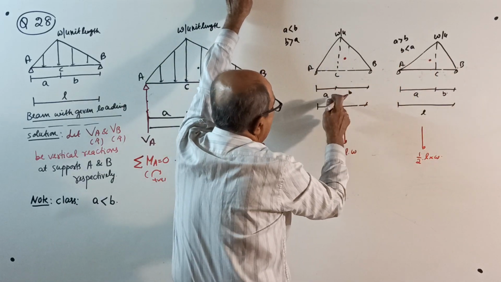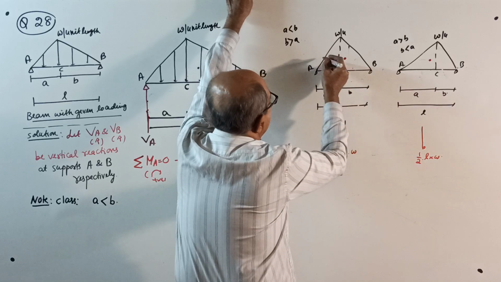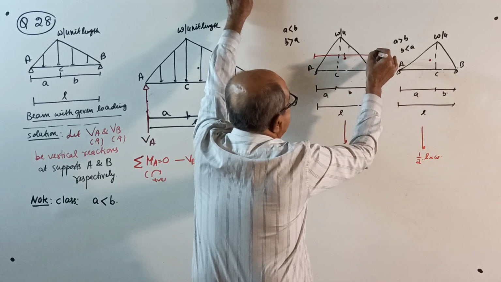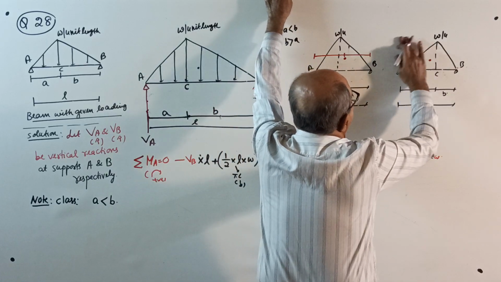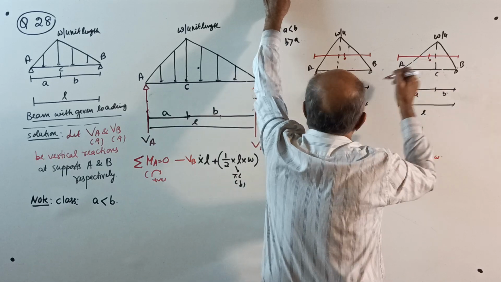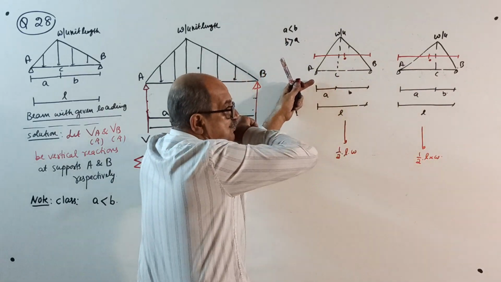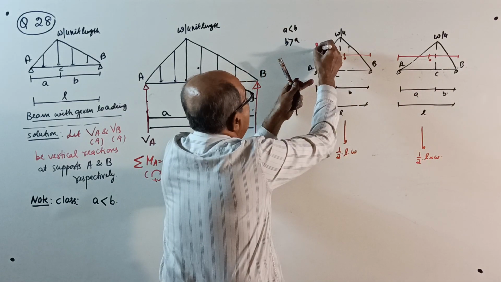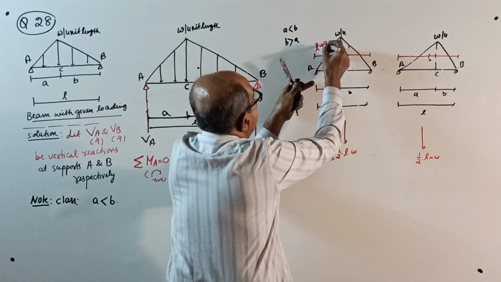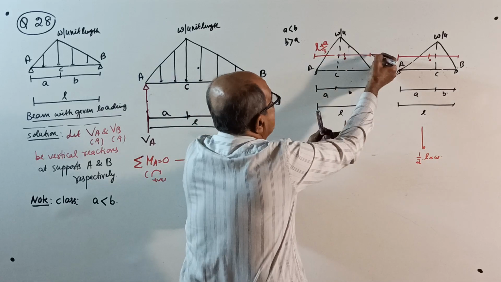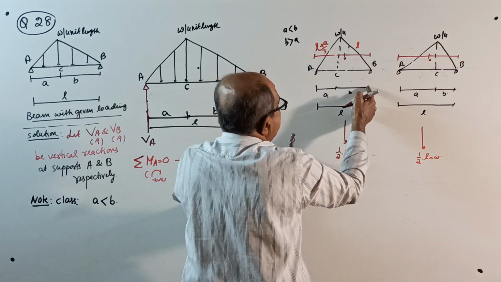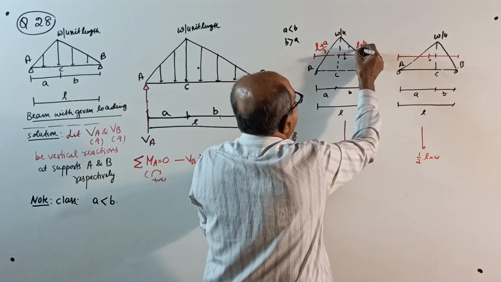Now, whether A is more than B or B more than A, the centroid from this end or from this end, the formula is there, this I'll remove now. Okay. See, this distance or this distance is from here full length L plus cut length A divided by 3. From here full length L plus this cut length B divided by 3.